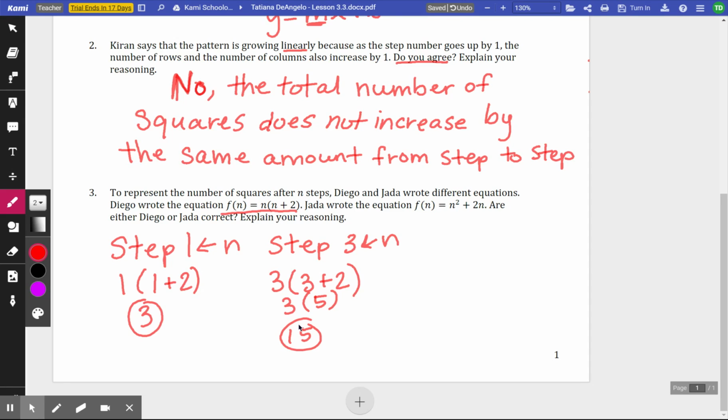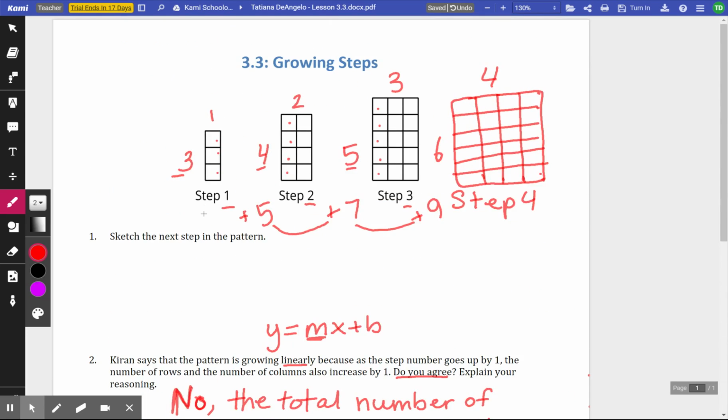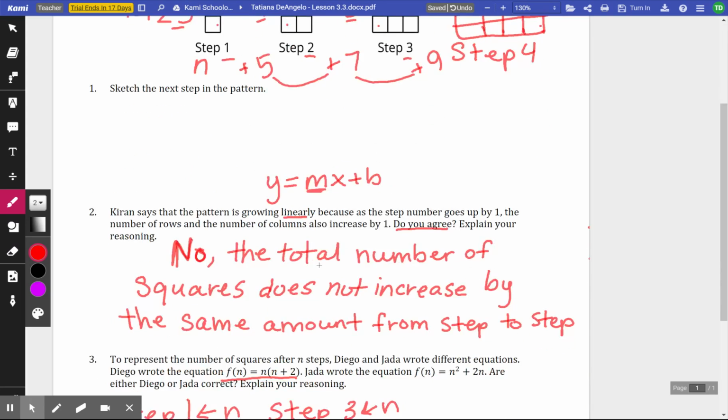So I know Diego is correct, and I can explain it this way, or I could go back up and explain it because there are n steps in my column, and then over here it's always going to be n plus 2. My step number times n plus 2. And we see that because 1 plus 2 is 3, 2 plus 2 is 4, 3 plus 2 is 5, 4 plus 2 is 6.